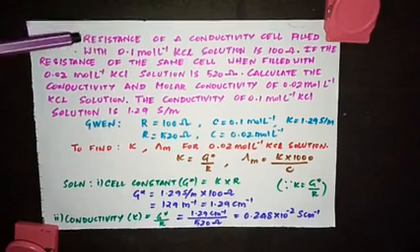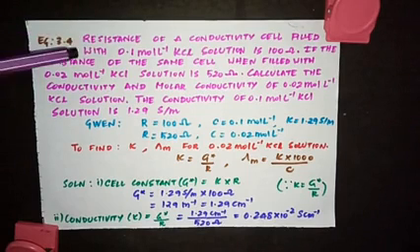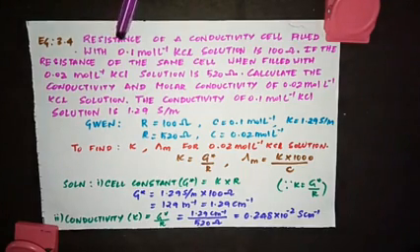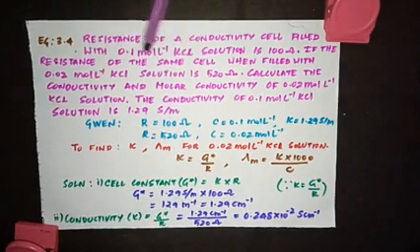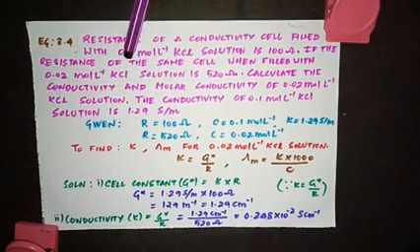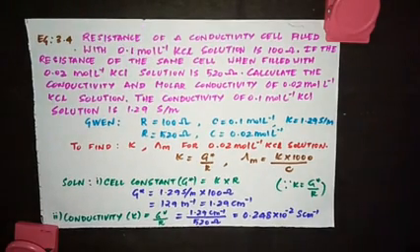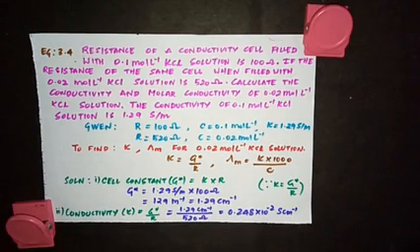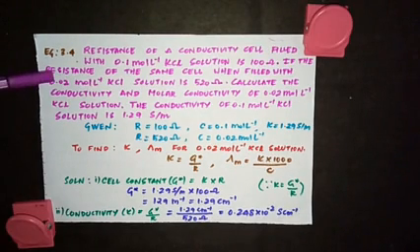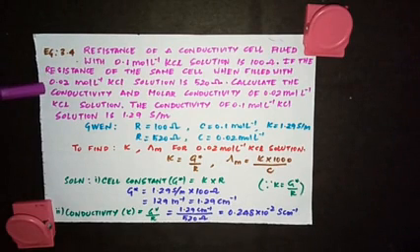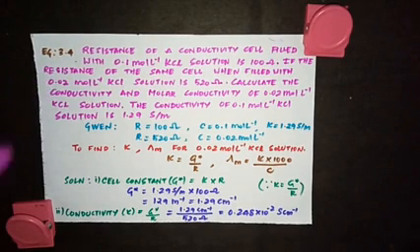The first example is: the resistance of a conductivity cell filled with 0.1 mole liter inverse KCl solution is 100 ohms. So they've given you the resistance of a conductivity cell and the concentration of the solution in that conductivity cell is this, and the resistance is 100 ohm. If the resistance of the same cell when filled with 0.02 mole liter inverse KCl solution is 520 ohm, calculate the conductivity and molar conductivity of 0.02 mole liter inverse KCl solution.